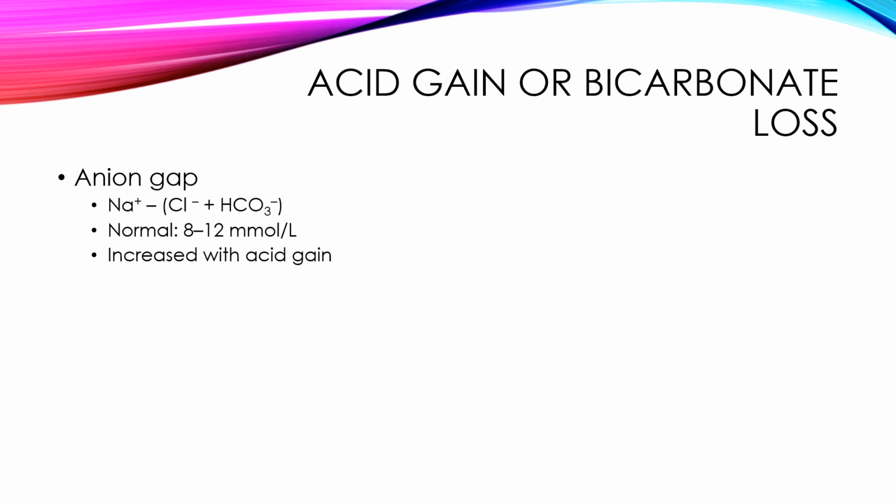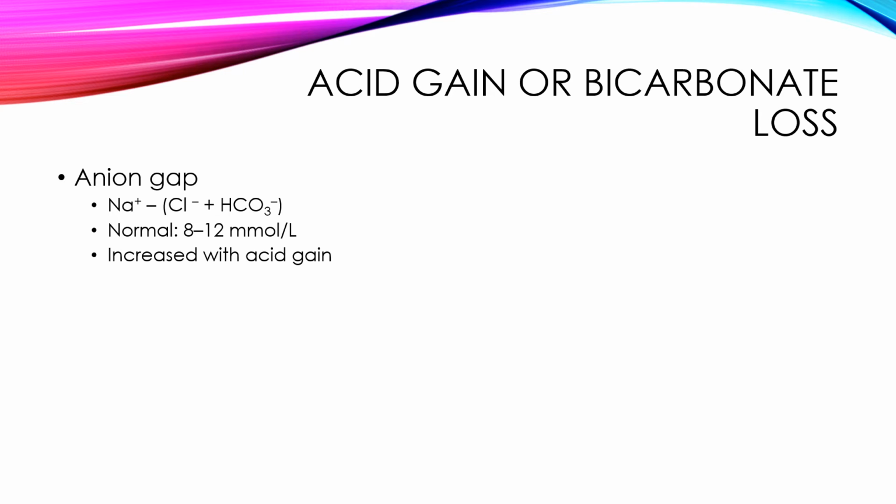So the anion gap is simply the difference between these two, the serum anion and the serum cation. So if metabolic acidosis is present, we can calculate this anion gap to help determine, was the source from an added or excess gain of acid, or was it because of a loss of bicarb?